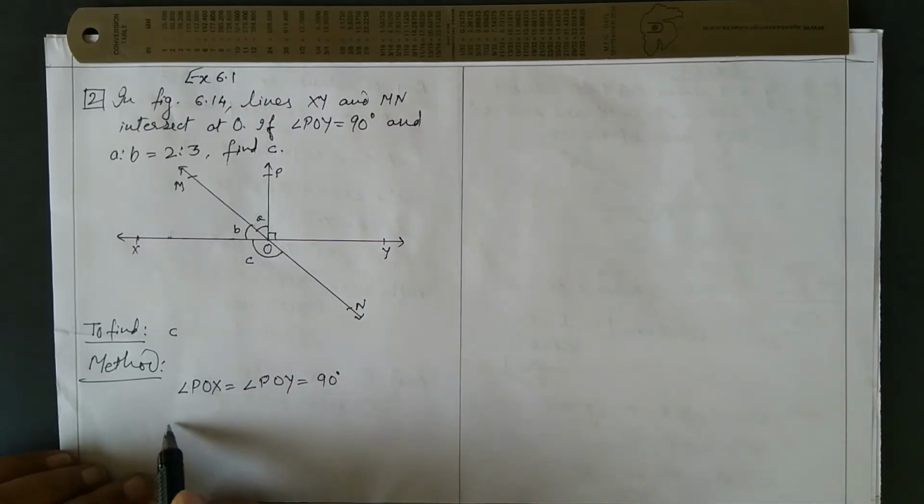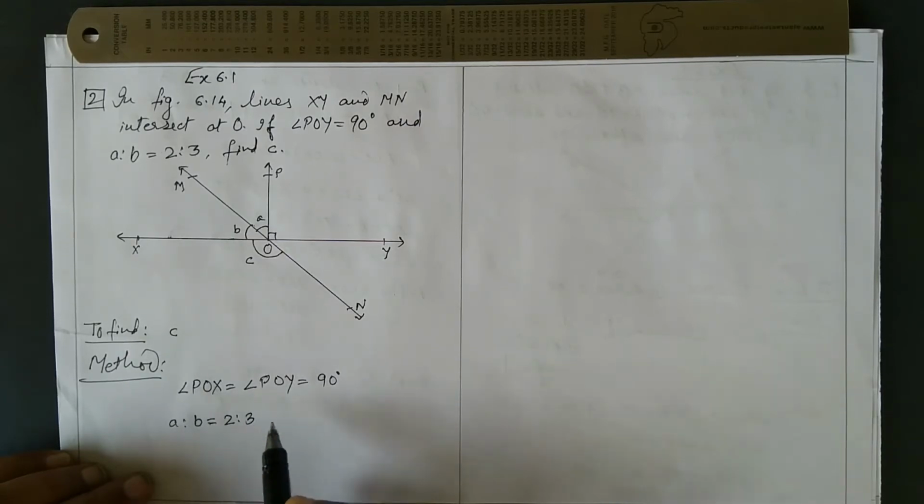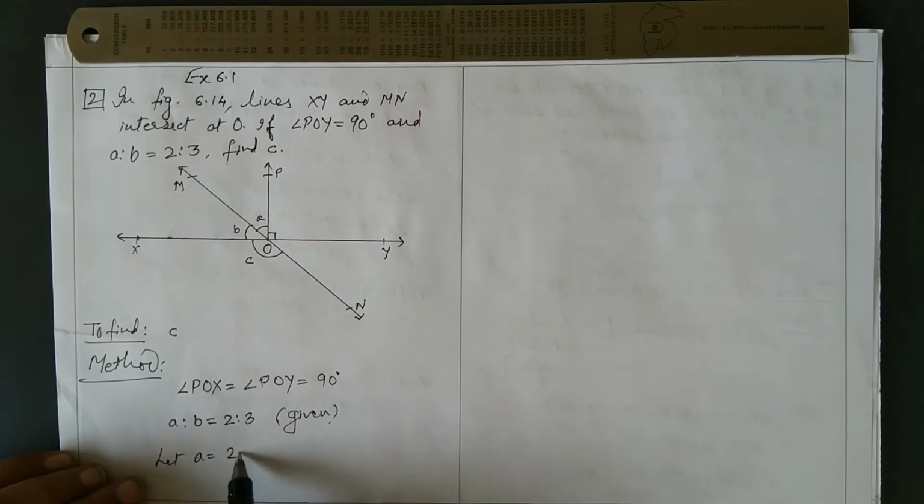Then A is to B is given as 2:3. This is given. We don't know the common multiple. So therefore, let A be equal to 2x and B be equal to 3x.